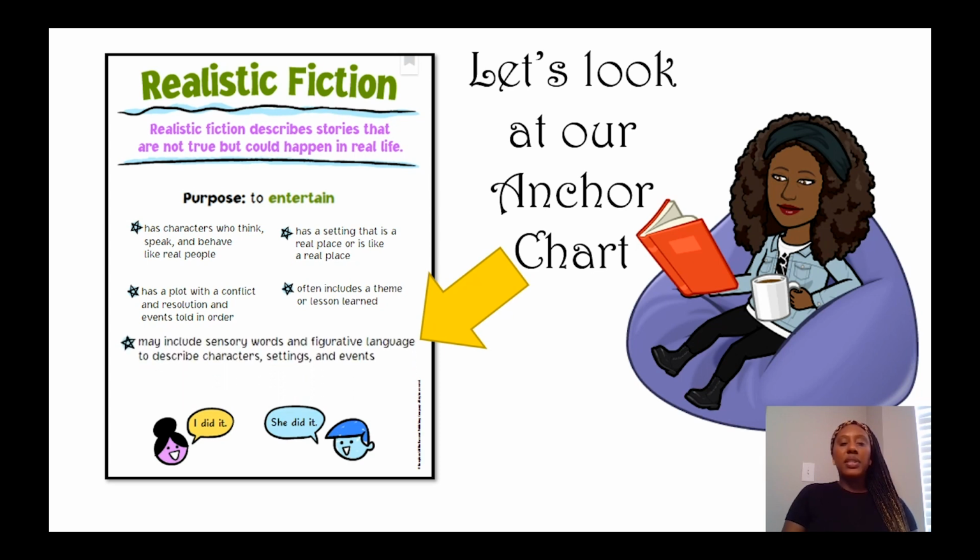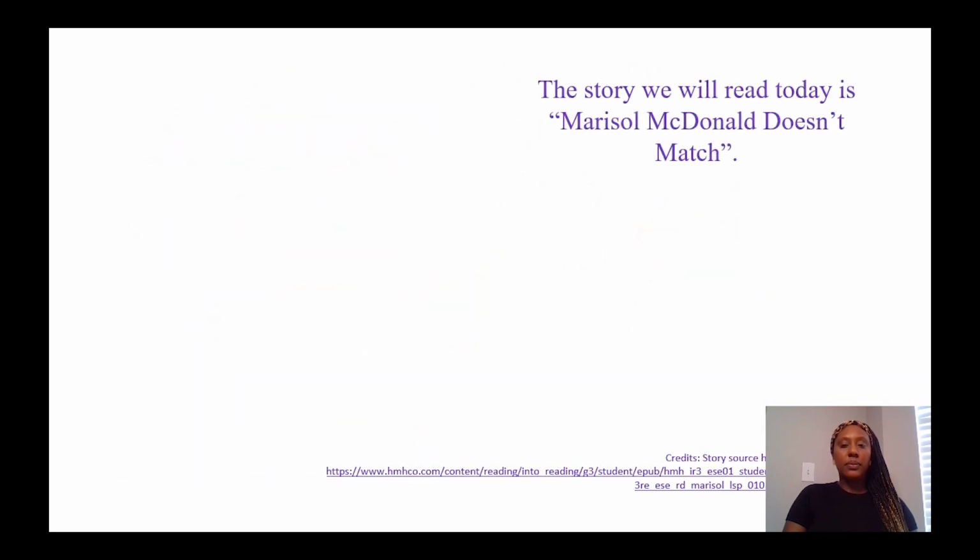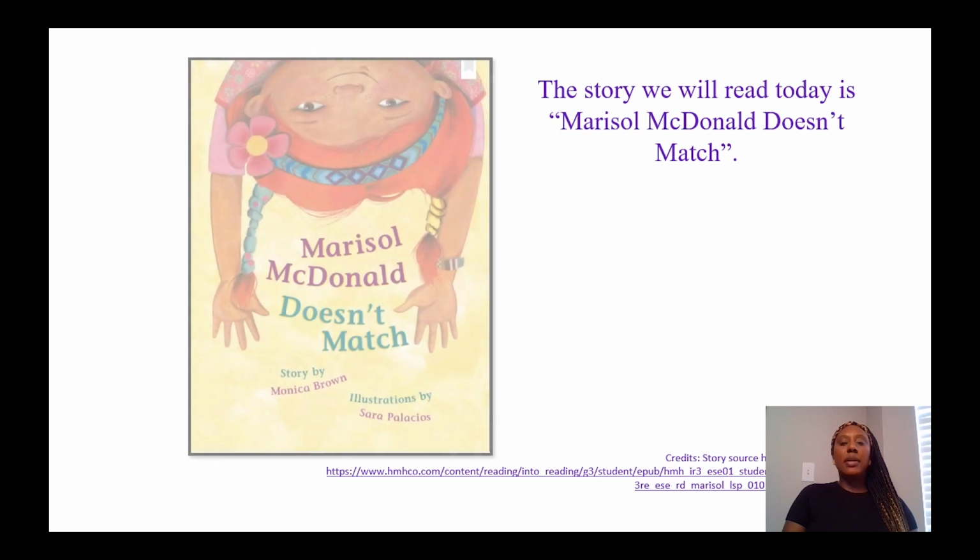Sometimes we'll see sensory words and figurative language that describe the characters, the setting, and the events that are happening. And it can be told in first person or third person point of view. The story we will read today is Marisol McDonald Doesn't Match.